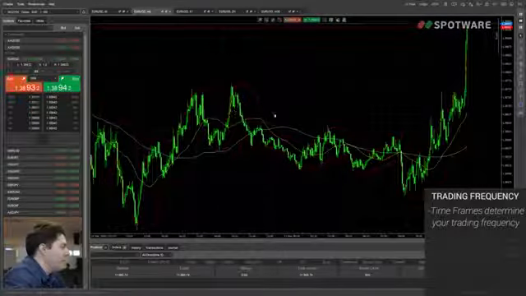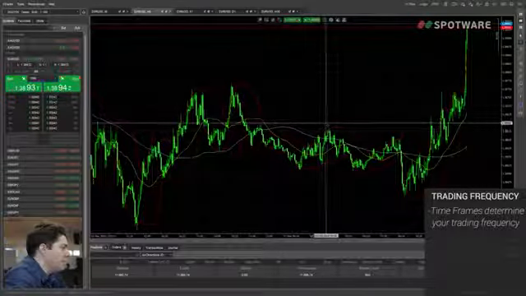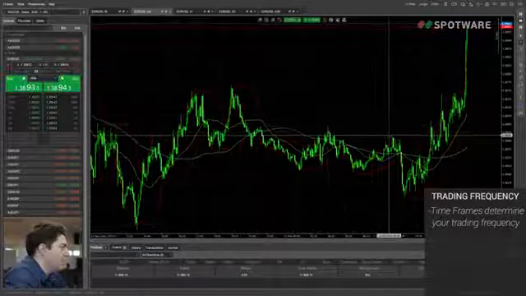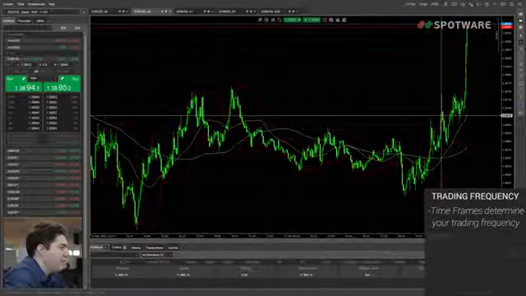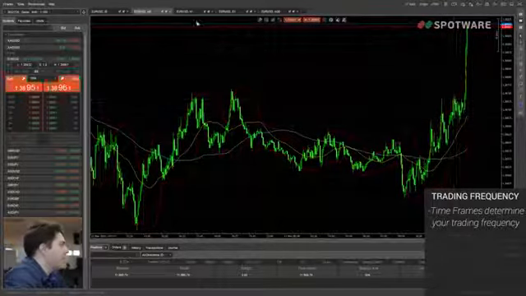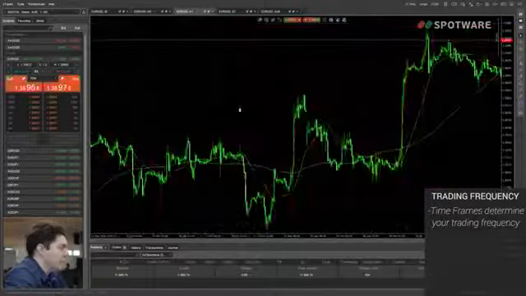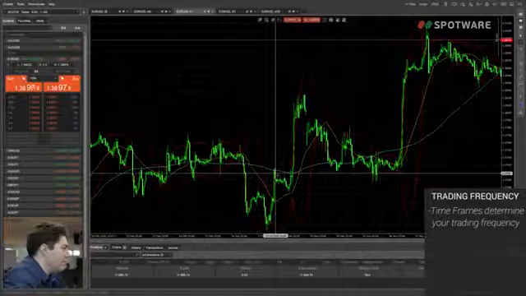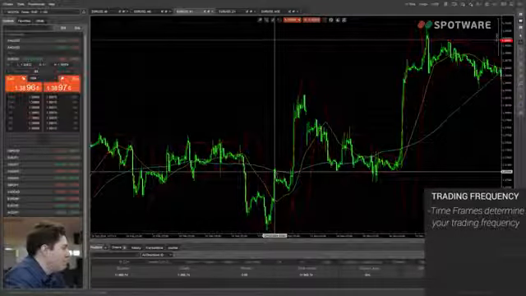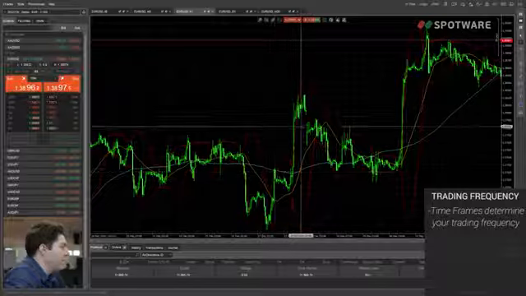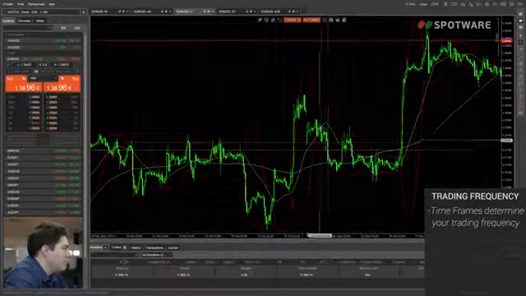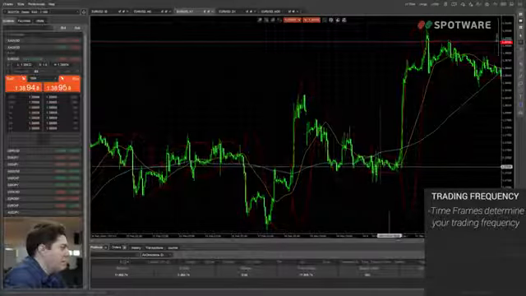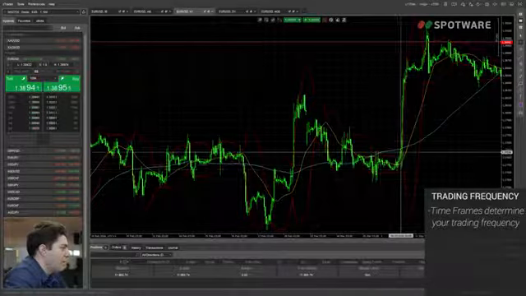If we move to 5-minute charts, we're going to see that the signals are still on the same day. We have a signal here, for example, and a signal here, but there are far less signals on the same day. If we move to a 1-hour chart, still having the same trading system, we're going to see that we have a signal at the 27th, and then a signal on the 4th, and then another signal on the 6th.